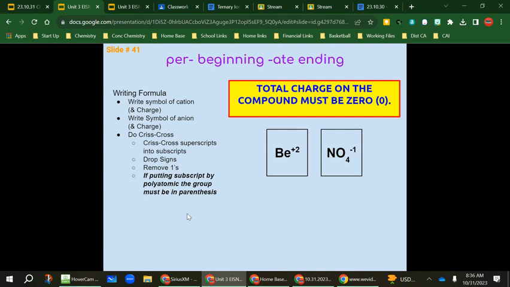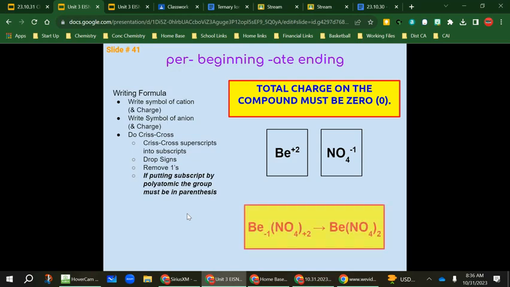So it does not matter which one you are using. The compound is going to end up being very similar. -1 comes down by the Be, plus 2 goes down by the NO4. Now it becomes Be(NO4)2 with the 2 after it. Why? We're putting a subscript by a polyatomic. We have to put it in parentheses. Okay? What is the name of that?